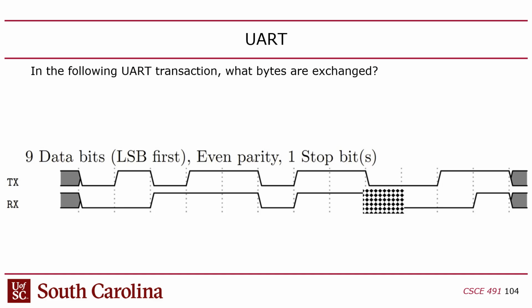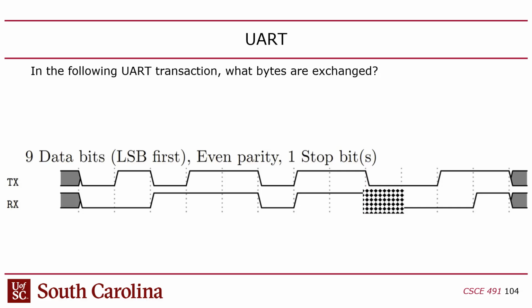So every time the channel becomes active, and when I say channel, remember that these two lines are independent of one another, right? The way this is shown is a little misleading because it implies that the transmit and the receive are synchronized somehow, when in reality they're independent of one another. So you can send a transmission without getting anything back.